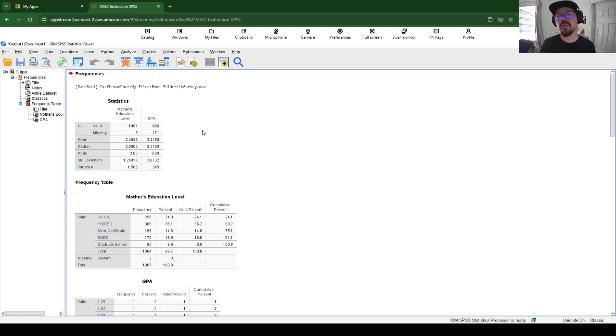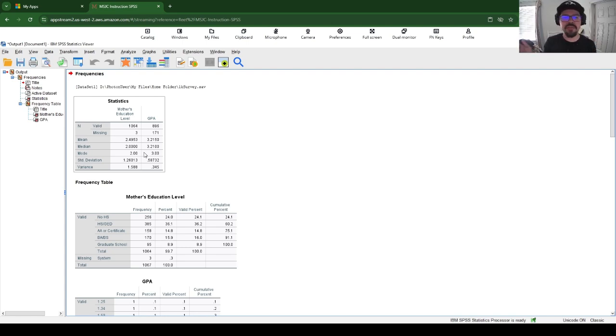For nominal and ordinal variables, it's definitely the case that you cannot calculate a mean for them. In some cases with ordinal variables, you might be able to calculate a median. For mother's education level, we can determine a median for this one. It is meaningful to us.